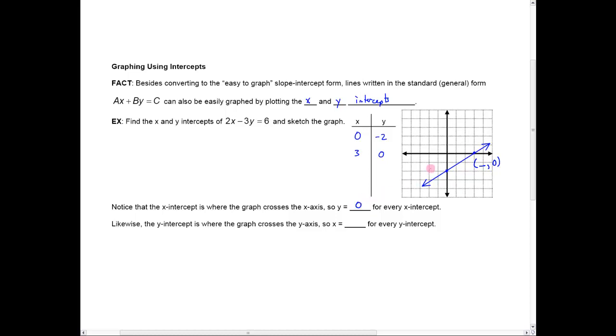So for every x-intercept, you know that y is 0, so you just plug in y equals 0. And likewise, if you're on the y-axis, you may not know the exact y value, but certainly you know the x value is 0 because you're on the y-axis. Okay, so to find the y-intercept, you just let x equal 0.